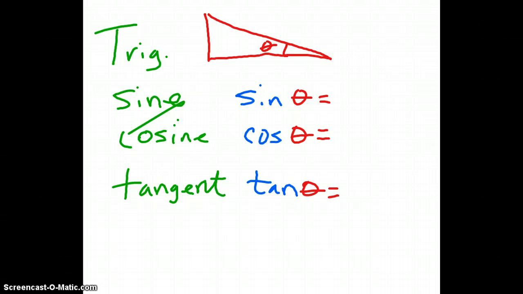If we're looking at theta, the side opposite the angle is called the opposite leg. The side next to the angle is called the adjacent leg. And the side across from the right angle is always called the hypotenuse. So what is trig?